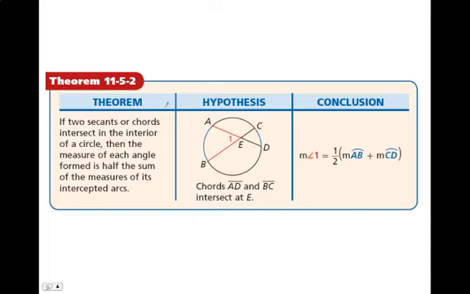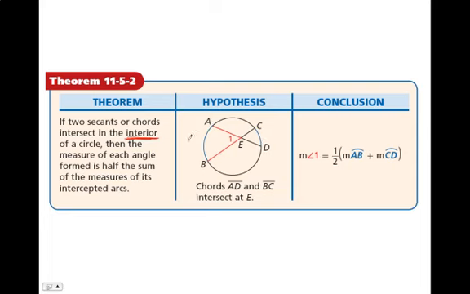Another theorem that you may write on your note card along with a picture is that if two secants or two chords intersect in the interior of a circle, the interior is the key here, then the measure of, say, angle 1 is going to be half the sum of arc AB and CD.